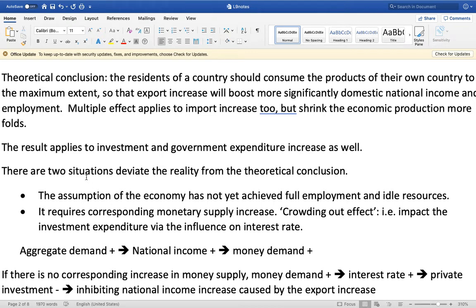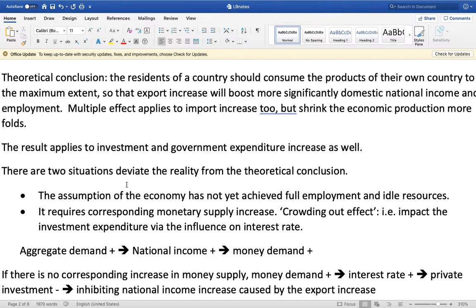First is the assumption that the economy has not yet reached full employment, where there are idle resources in the economy.